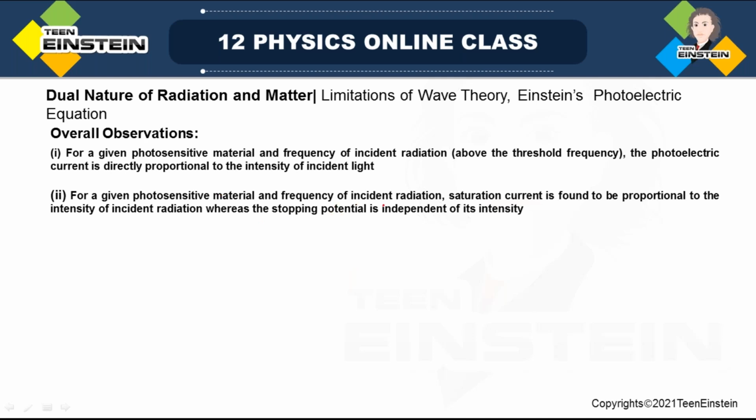For a given photosensitive material and frequency of incident radiation, saturation current is found to be proportional to the intensity of the incident radiation, whereas stopping potential is independent of its intensity.